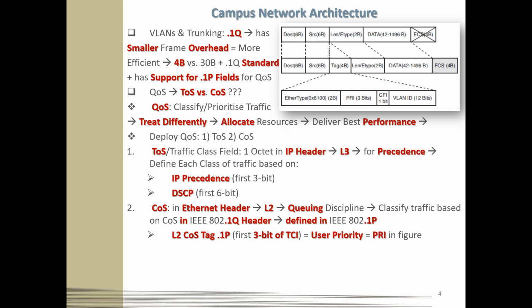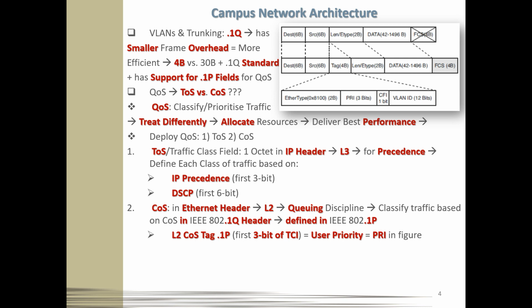The IEEE 802.1q tag, or that 4 bytes tag that I've just mentioned, has two main parts, each part 2 bytes. We have VLAN protocol ID, TPID, or EtherType, which is 2 bytes, and then the second half is TCI, tag control information. So TCI consists of priority, CFI, and VLAN ID, 3 bits, 1 bit, and 12 bits respectively.